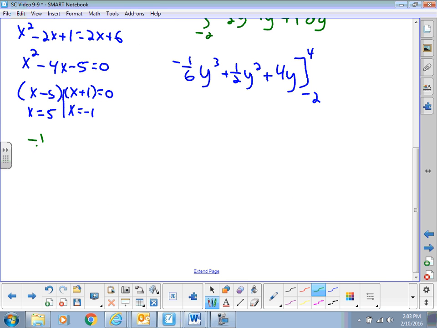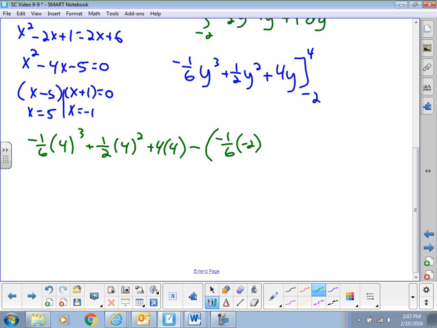So we'll have negative 1/6 4 cubed plus 1/2 4 squared plus 4 times 4 minus and start a parenthesis. We'll have negative 1/6 times negative 2 cubed plus 1/2 times negative 2 squared plus 4 times negative 2.